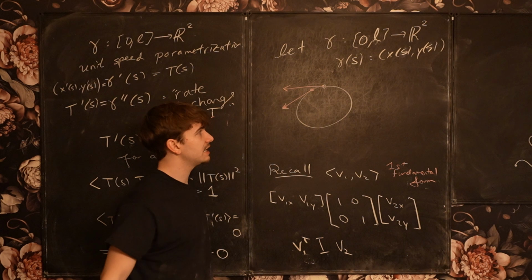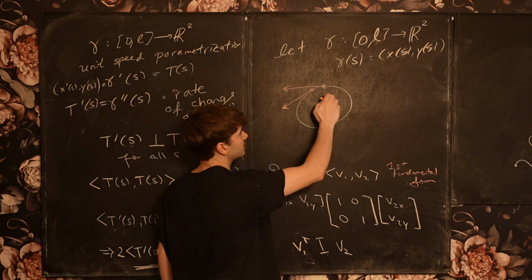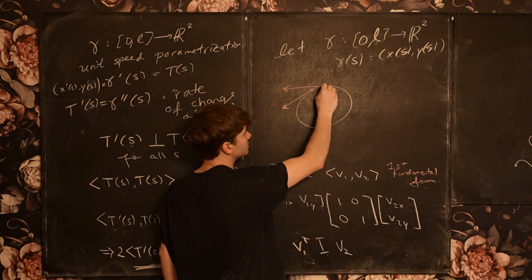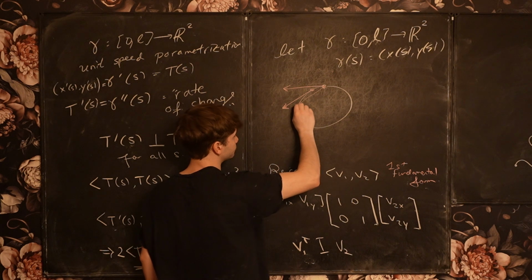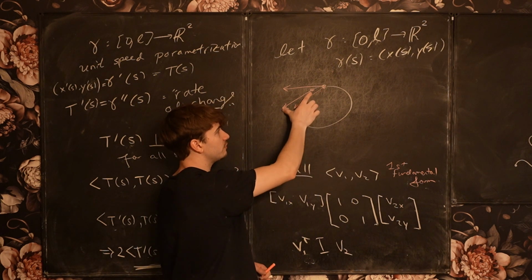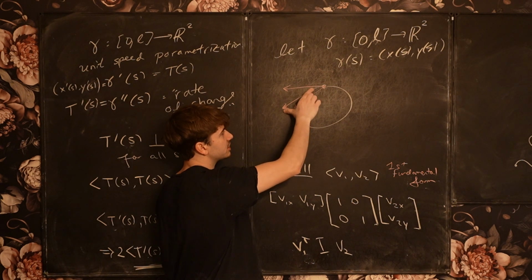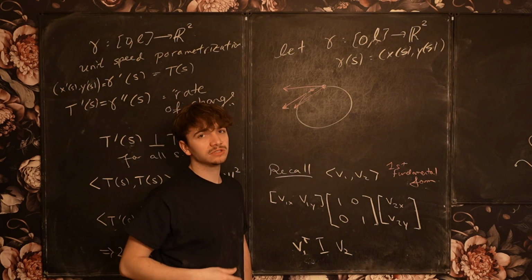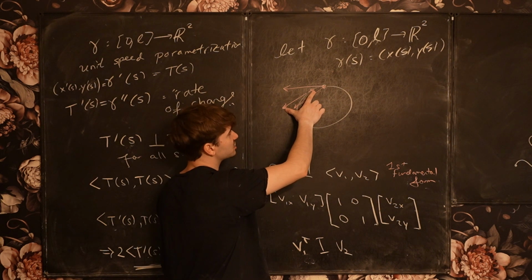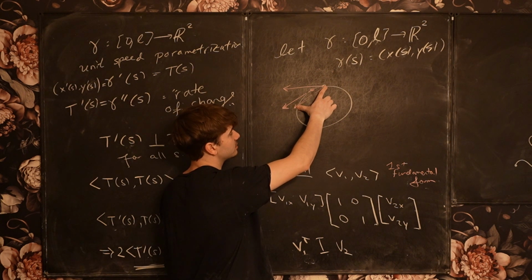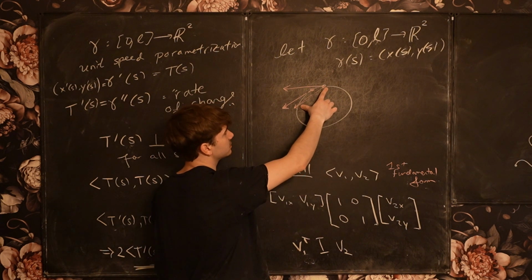But now I want to emphasize that since we're in R2, I have a nice way of transporting this vector back onto the original vector. So I can take this new vector that I've moved along my parameterization by some small time interval, which is a new tangent vector to the circle, and I can just slide it back to the original starting point in order to compare it with the original tangent vector to the circle.